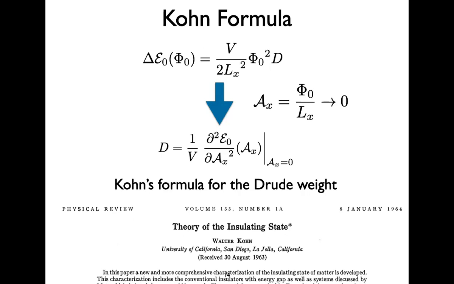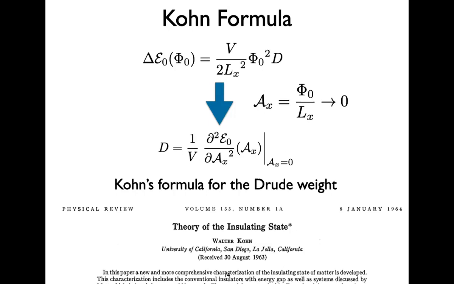And let's say set the vector potential to zero there. And this is actually nothing but the famous Kohn formula, which was derived by Walter Kohn back in 1964. So this is a very well known formula. Perhaps his derivation was essentially the same as what I argued. But anyway, this is just a derivation of the famous Kohn formula for the Drude weight.